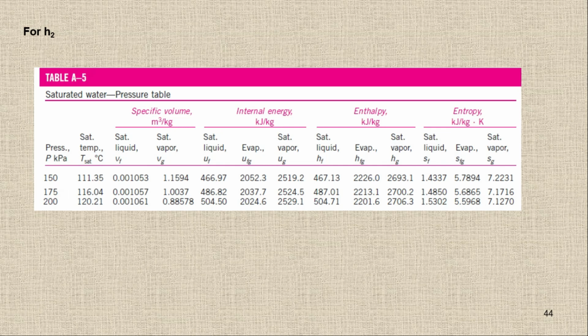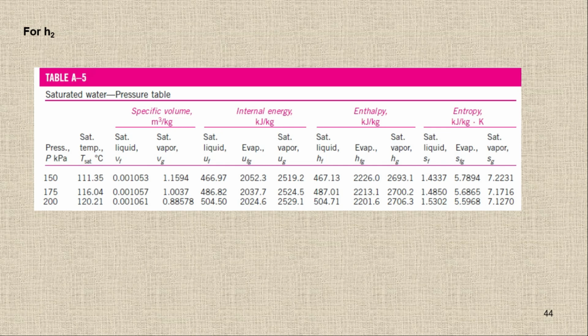Before finding the value of mass, I'm also going to check the value of H2 here. For H2, state number 2 is basically inside the dome. So it means it is still saturated liquid. But whenever the value of X is given, we have to use the formula to get the value of enthalpy.